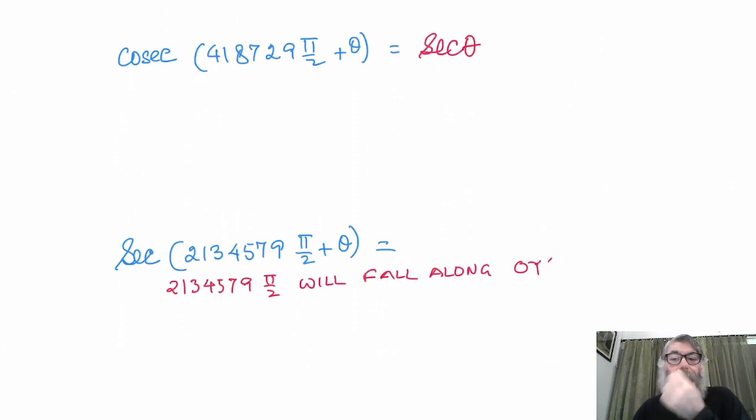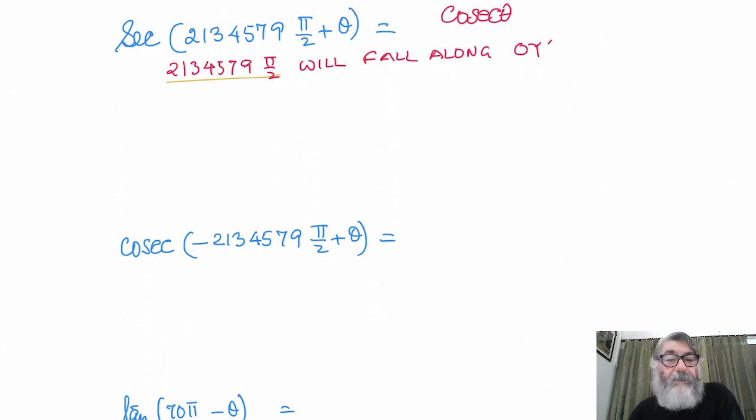Why OY dash? 3 is the remainder. If you divide 79 by 4, you will get 3 as the remainder, and plus theta will go into the fourth quadrant. But because it is pi by 2, sec will change into cosec theta. And you know cos and sec are only positive, so it will be plus cosec theta, because cos and sec only are positive in the fourth quadrant.